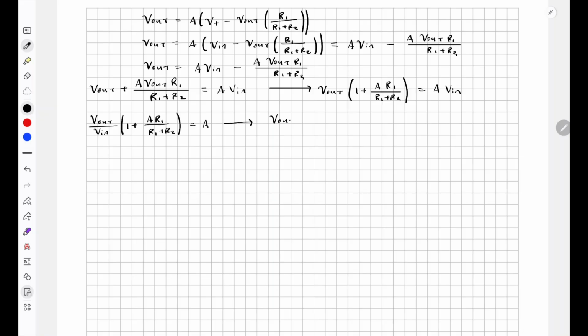So V out divided by V in is equal to A divided by 1 plus A times R1 divided by R1 plus R2.